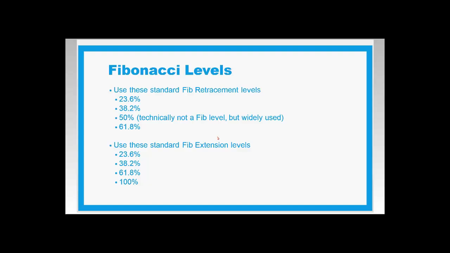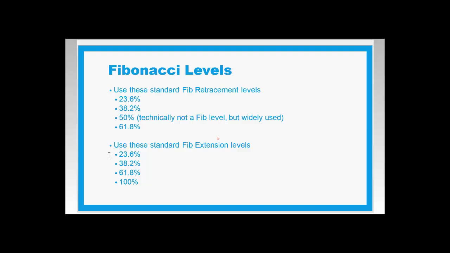For example, the lady that goes by the name the Fib Queen, I think Jim Cramer named her that, she loves 1.272, so 127.2%. I find that to be a derived level, but I guess everybody has their own.